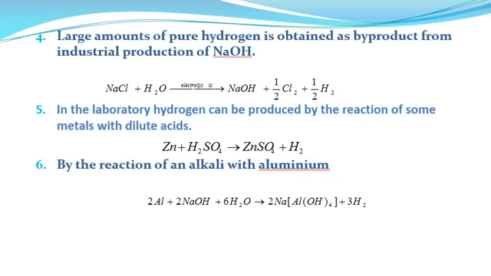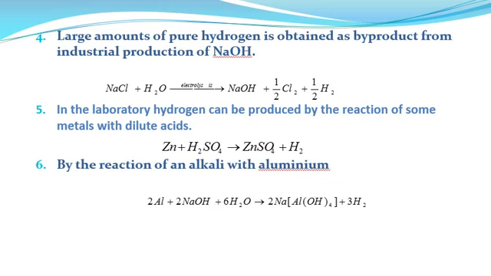The most suitable element for producing hydrogen in the lab is zinc, which easily can evolve hydrogen when treated with dilute sulfuric acid.